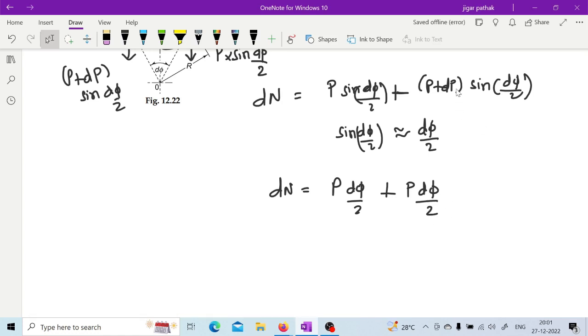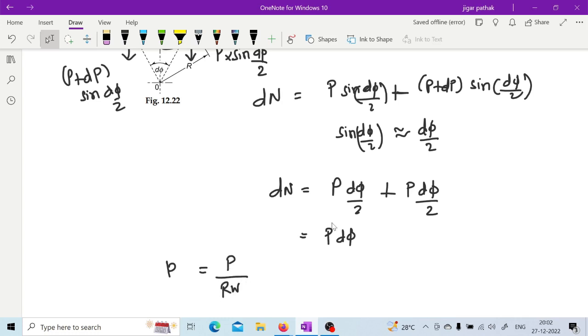We are neglecting this dP into d phi by 2 because it will be a very small quantity. So here basically this is P d phi. So from this dN is equal to P d phi, you can have this particular pressure is equal to this force upon Rw.